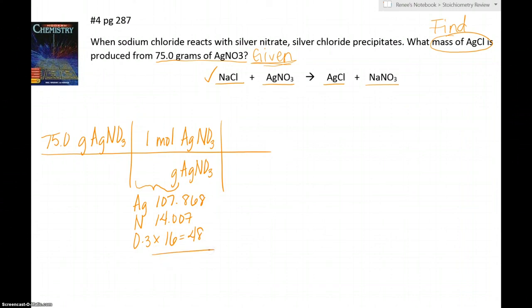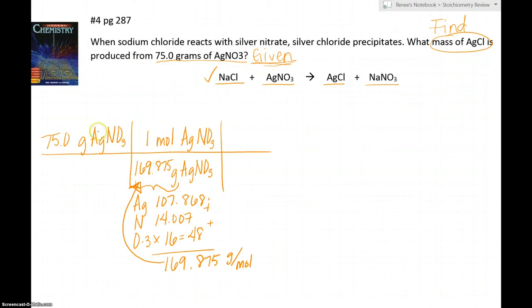When we add all of that together, 107 plus 14.07 plus 48, we should get 169.875 grams for every 1 mole of silver nitrate. And that number comes right up there with 169.875 grams of silver nitrate.